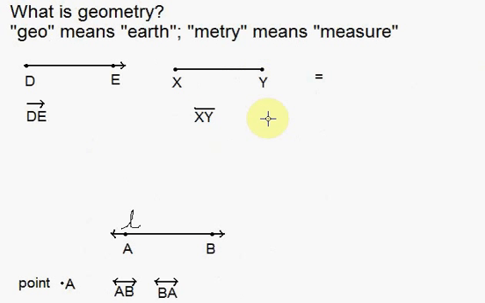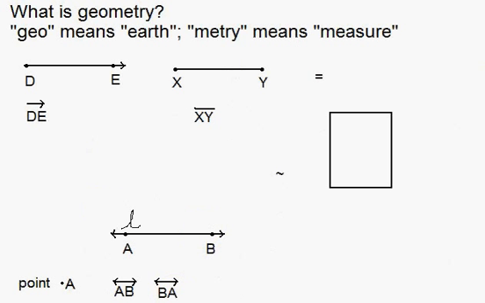Now if you have two different shapes that are the same shape, like say triangles, one larger and one smaller, but they have the same angles, or let's say we're talking about a square. One square might be big and another square might be smaller, but they're both squares.